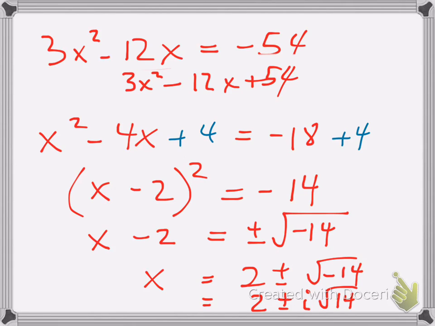If we set it equal to 0, that's the zeros that we're trying to find. That's the x-intercepts we're trying to find. The x-intercepts for this parabola are imaginary, which means they don't touch the real axis. Okay?